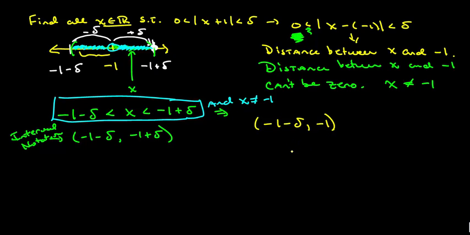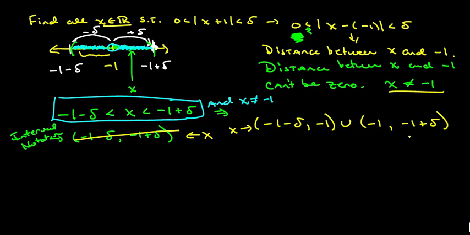Remember, these intervals talk about what x is. So x is inside this interval. Now clearly this is not the right interval because of this issue over here, so we have to union this with negative 1 to negative 1 plus delta.